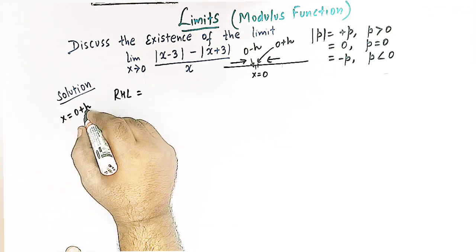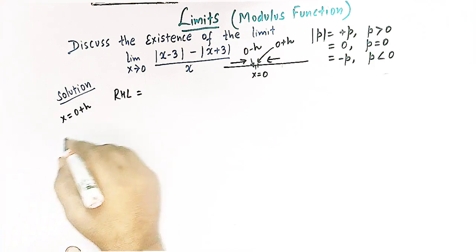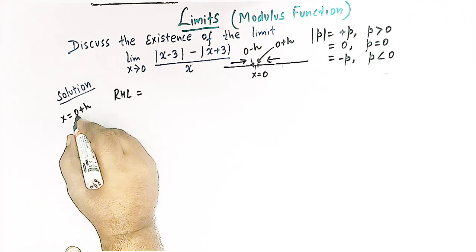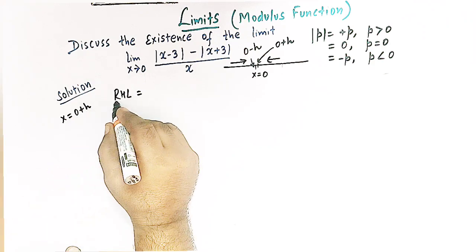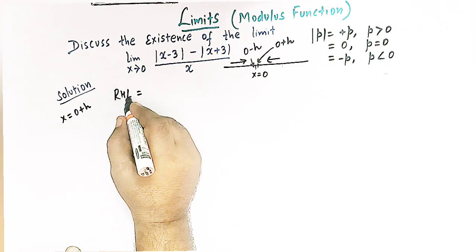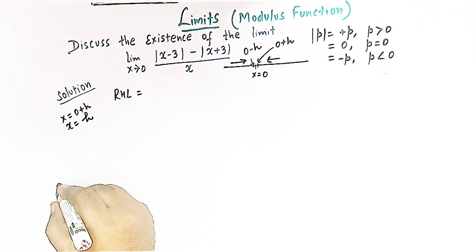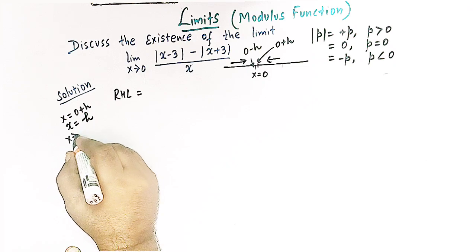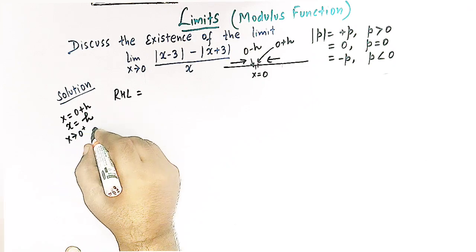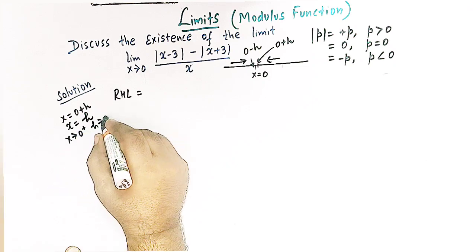So this quantity h is very small, right? So we can take x is equal to 0 plus h when we find the right hand limit, so that we have simply x is equal to h. And when x tends to 0, then h tends to 0.